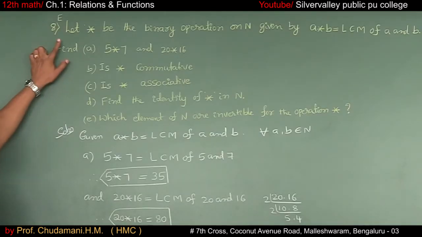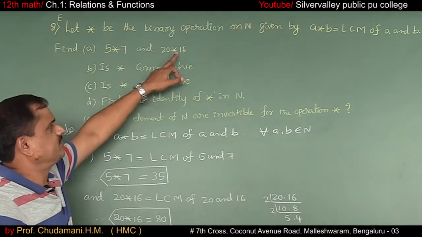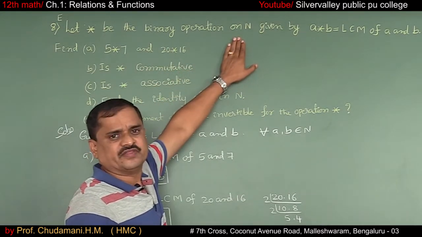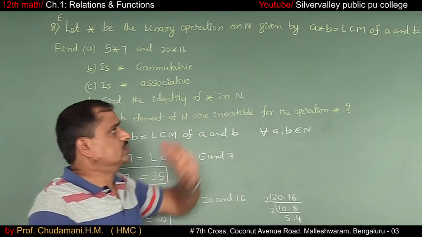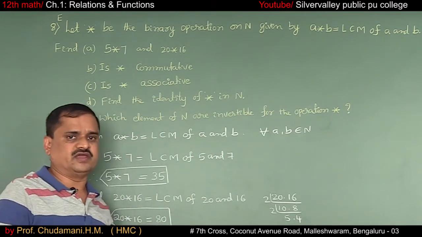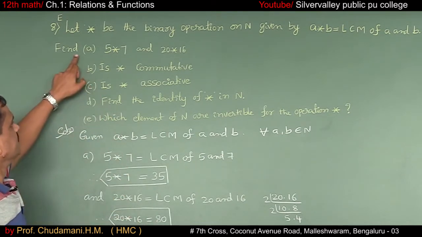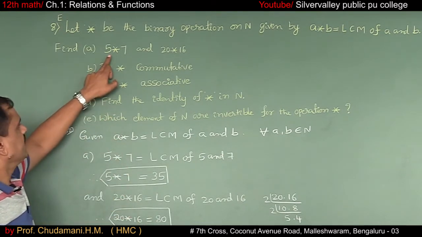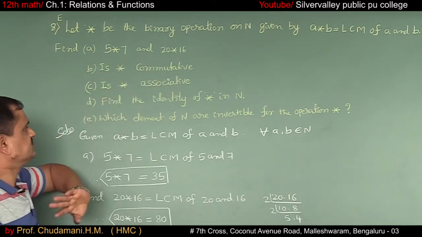Eighth one, an exercise problem. Let star be the binary operation on the set of naturals given by A star B is equal to LCM of A and B, the least common multiple of A and B. A, find 5 star 7 and 20 star 16.